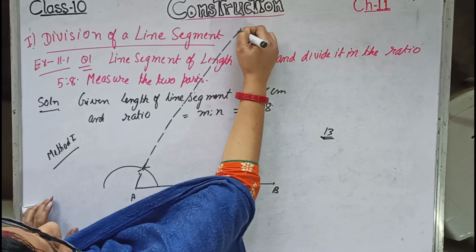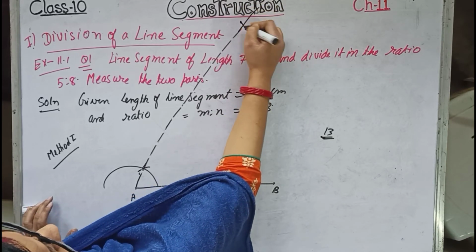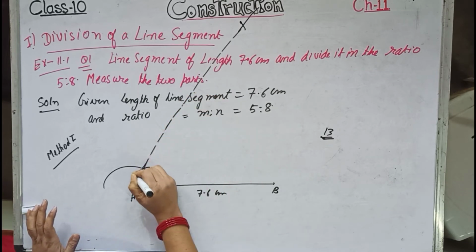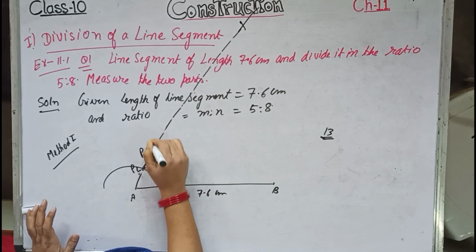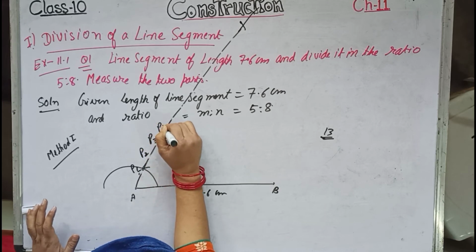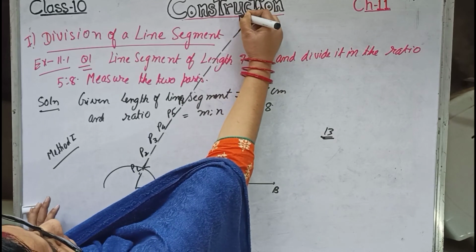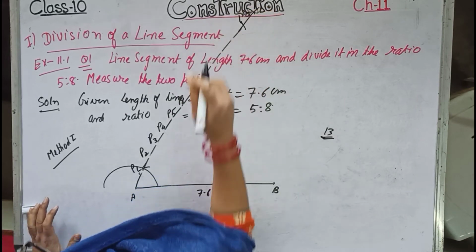It is going till here. Now these 13 arcs which you have taken, you can name P1, P2, P3, P4, P5, P6 and so on till P13.